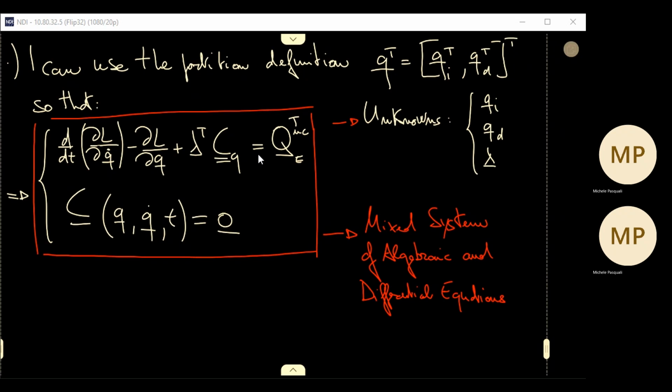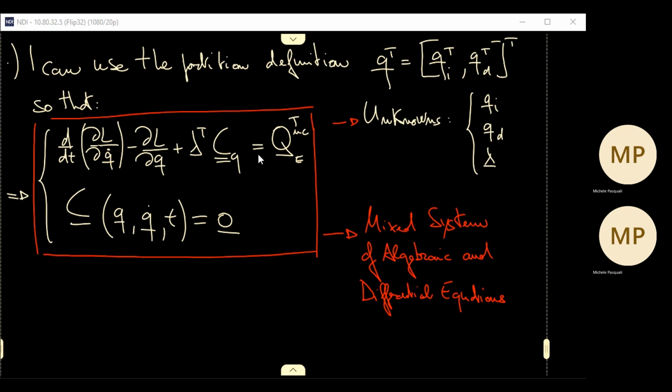And the idea of Kane is to write the constraint equations not just in terms of generalized coordinates, but in terms of their velocities. Okay, so that they can always be included in the kinematic form of the constraint equations.